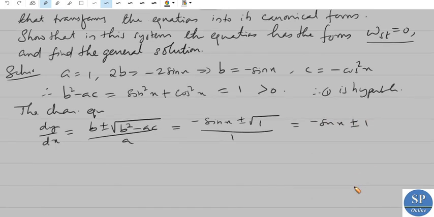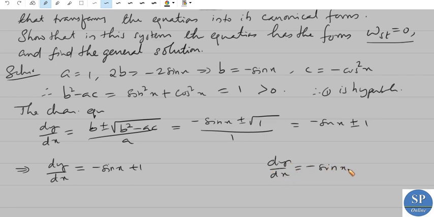So this is dy/dx equal to minus sin x plus or minus 1. So this implies we'll get two differential equations. One is dy/dx equal to minus sin x plus 1, and dy/dx is equal to minus sin x minus 1.